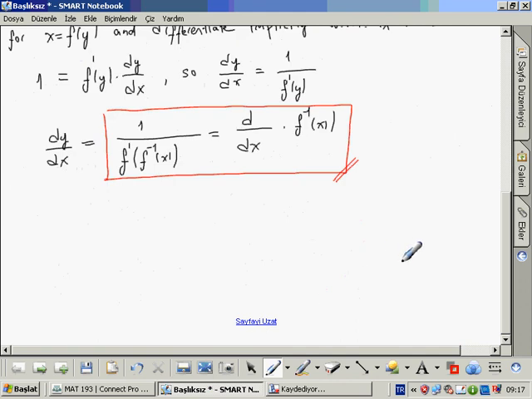That's the derivative of the inverse function, I'm sorry.